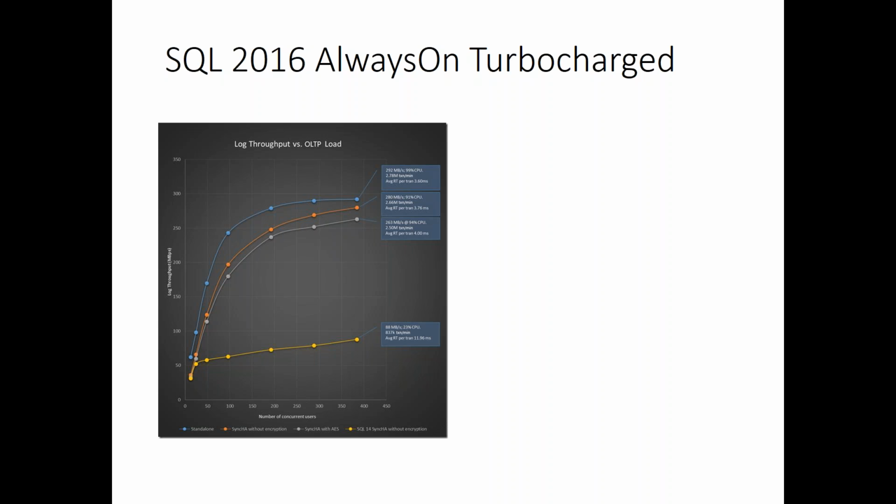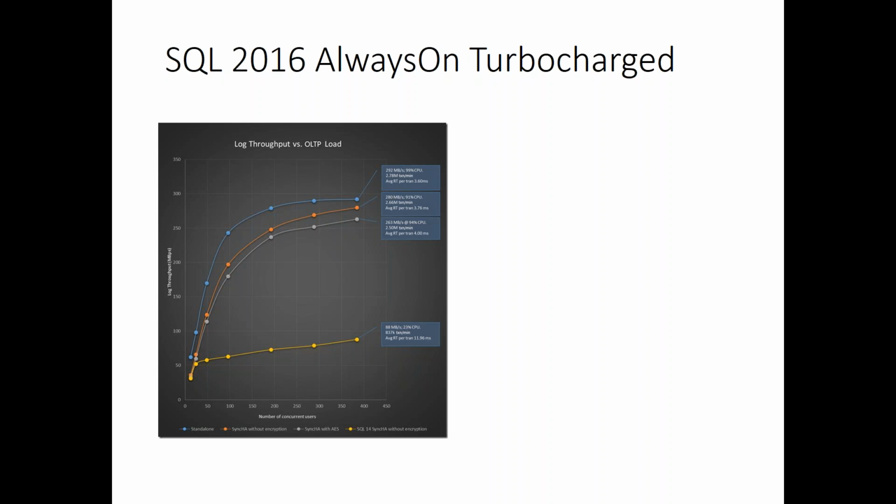In the graph you see on the screen, the blue line is what you would see on a standalone OLTP environment. On the y-axis we have the log throughput, and on the x-axis we have the number of concurrent users. The yellow line is the Always On performance you would observe on SQL 2012 or SQL 2014.